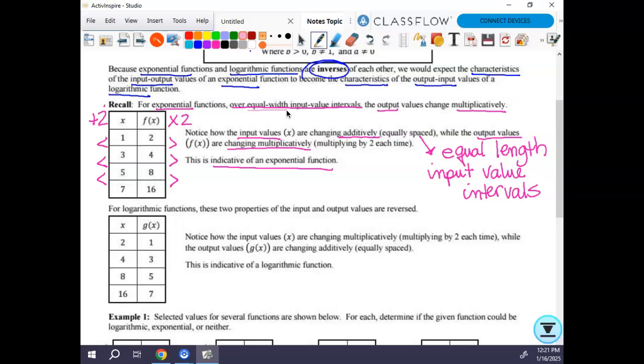Whether you say equal length or equal width, it really does mean the same thing. It's basically saying that it's equally spaced no matter what you call it. But the language we've seen from College Board doesn't say equally spaced, and it doesn't say changing additively. It just says, and I feel like I addressed this earlier today too.